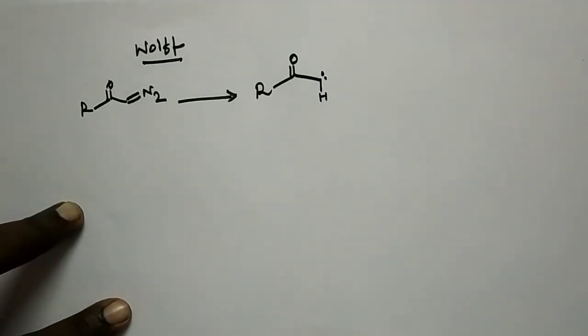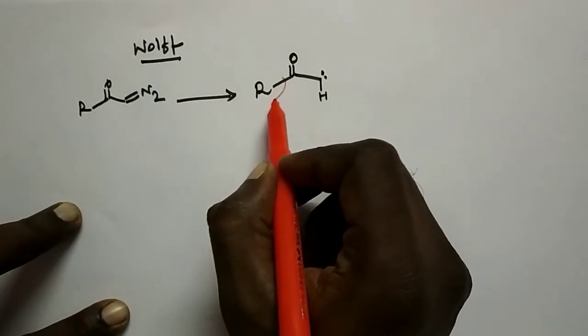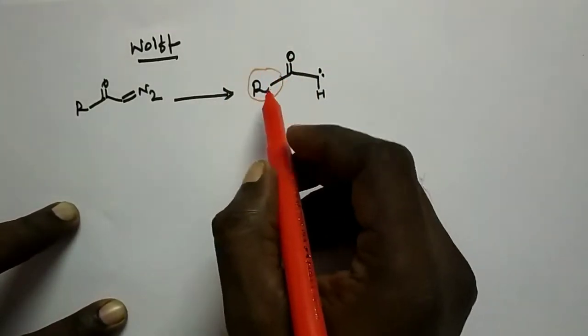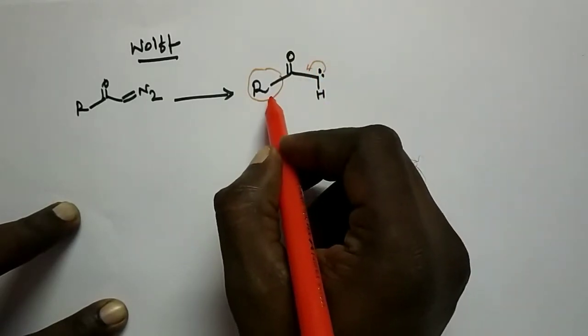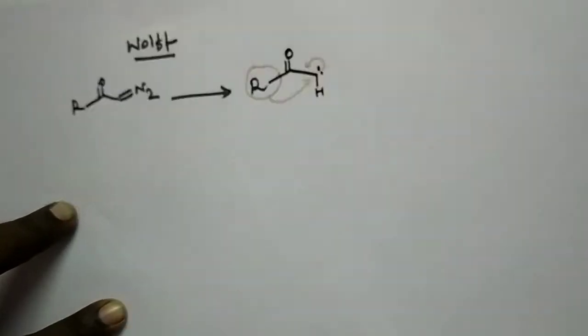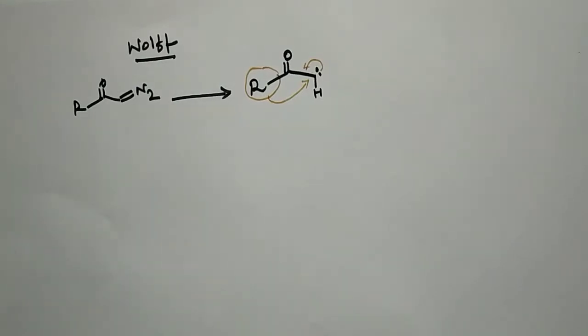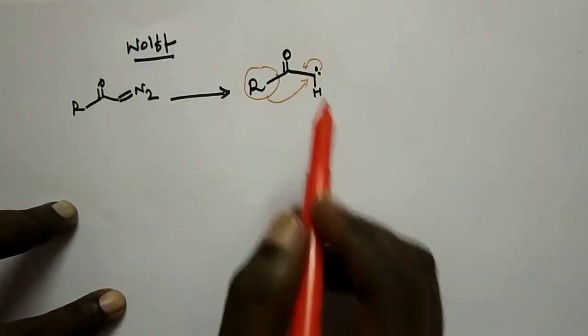Next step is this one comes here and this migrates. The R group migrates to the carbene and the 2 electrons delocalize here.